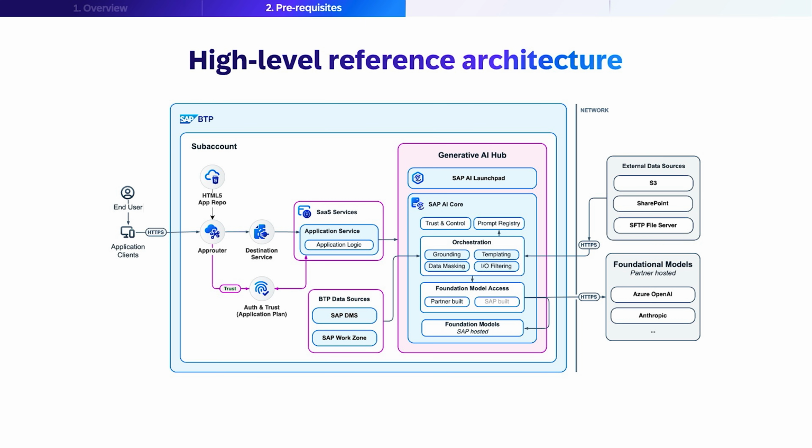Finally, through the Generative AI Hub, your applications can access these grounded repositories to generate context-aware responses using foundational models. This architecture ensures secure, controlled, and efficient access to AI capabilities while maintaining integration with the broader SAP ecosystem.